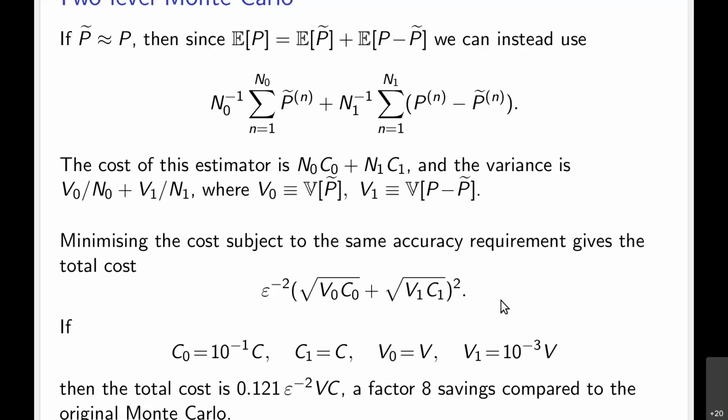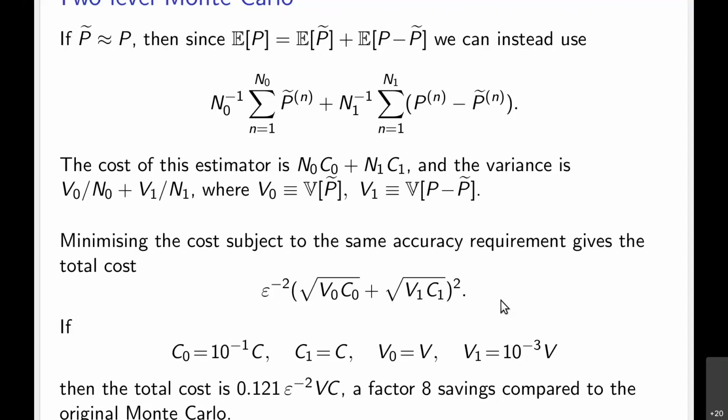And in particular, just to give an example, if c0 is 1/10 of c, and c1 is c, the cost of coming up with that P value, the sample.